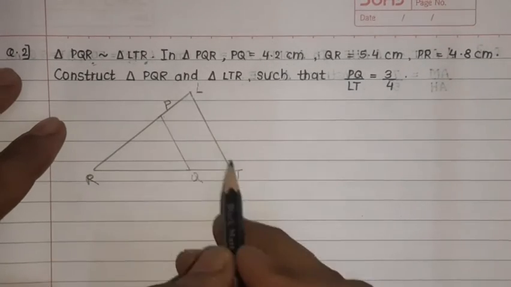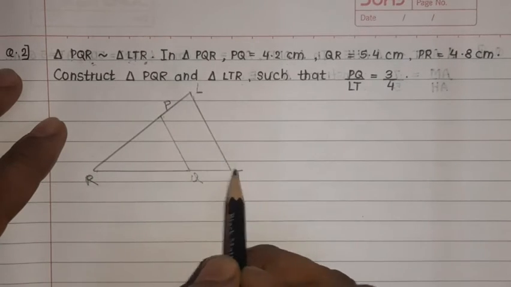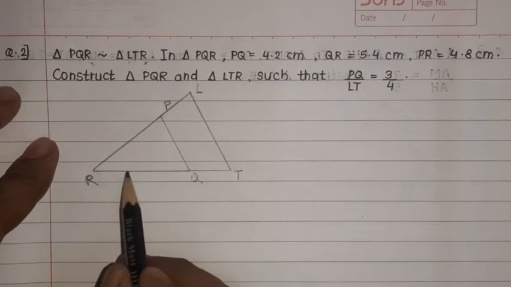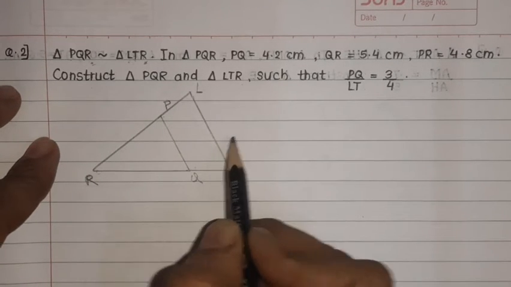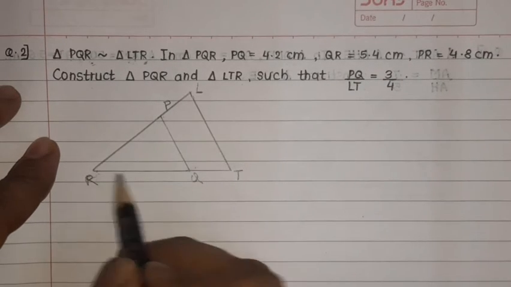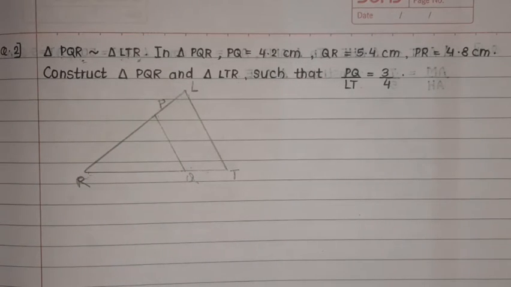These two triangles are there, PQR and LTR. PQ upon LT is 3 upon 4. Therefore RQ upon RT is also 3 upon 4. Dear student, this is a rough figure.